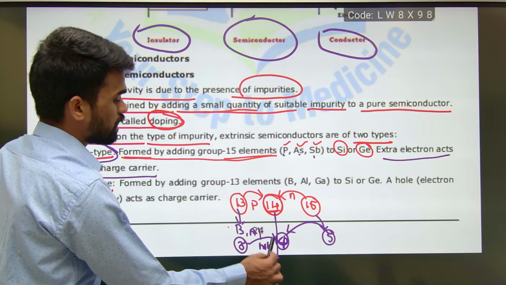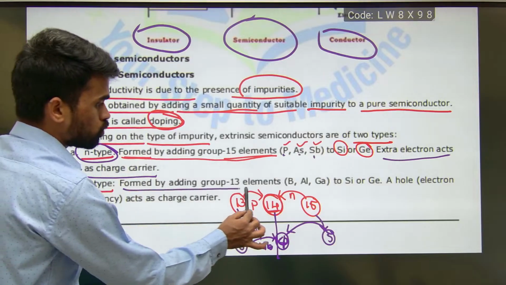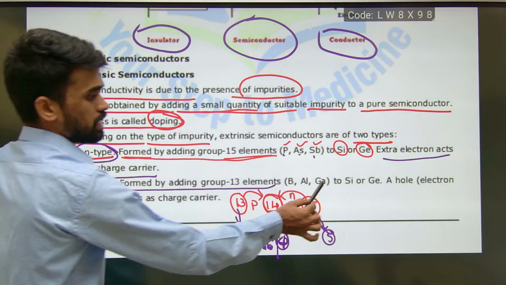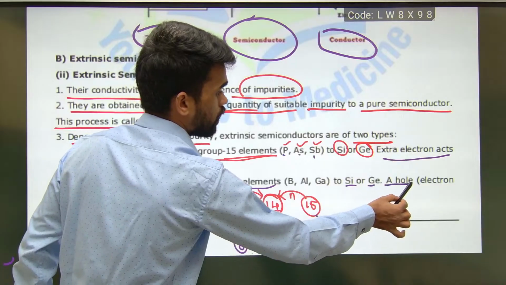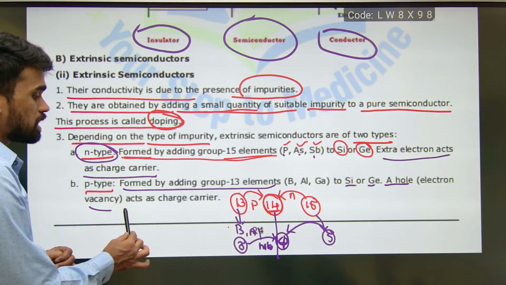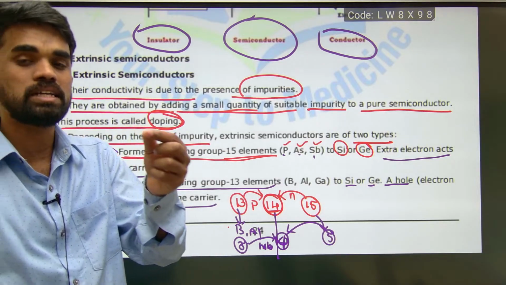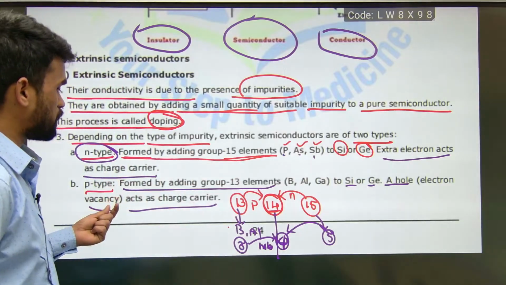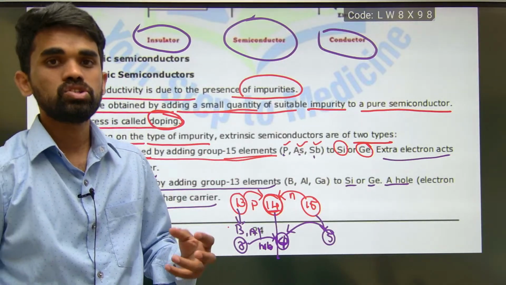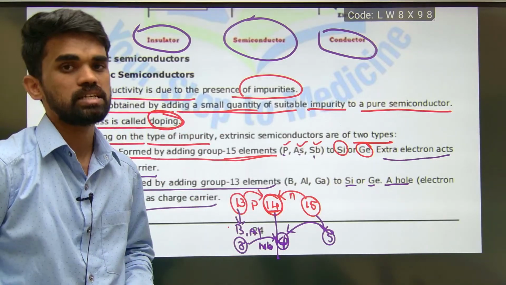A hole, an electron vacancy, is created, and that will act as a charge carrier. In an n-type semiconductor, the electron acts as a charge carrier. In a p-type semiconductor, a hole acts as a charge carrier. Due to this reason they are considered extrinsic semiconductors.